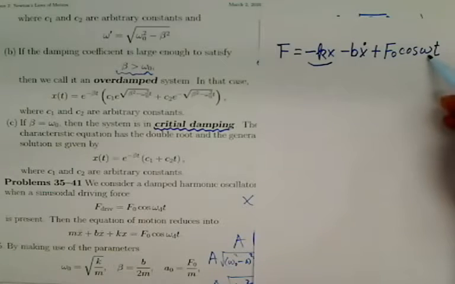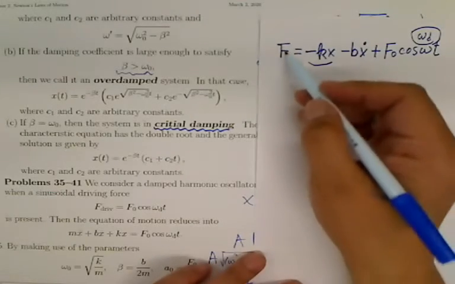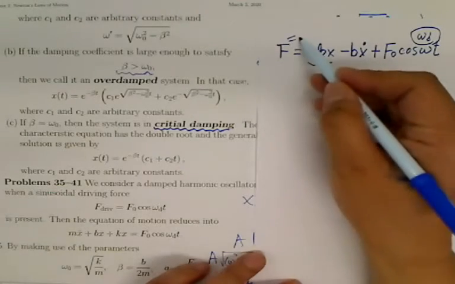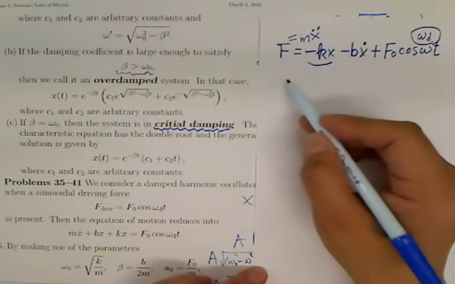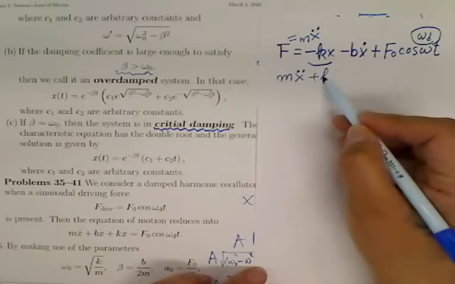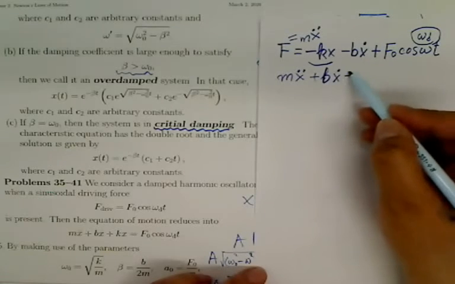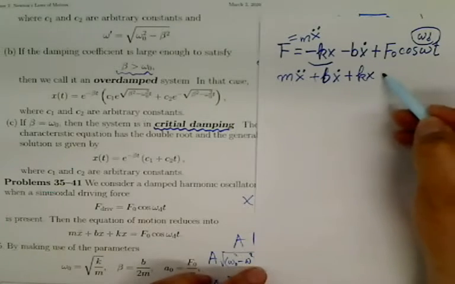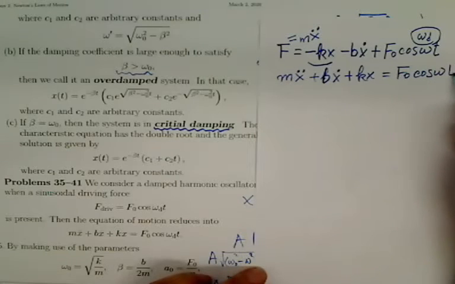Here, in the notes, we have written omega d. Newton's second law states that this is m x double dot. Thus, we have the equation of motion m x double dot plus b x dot plus kx equals f0 cosine omega t.